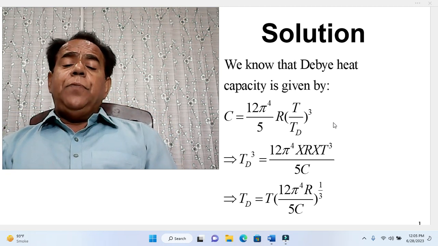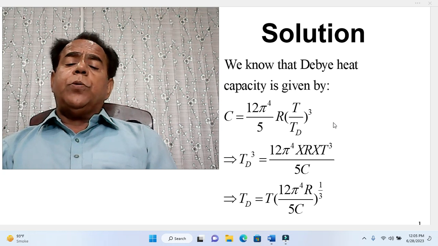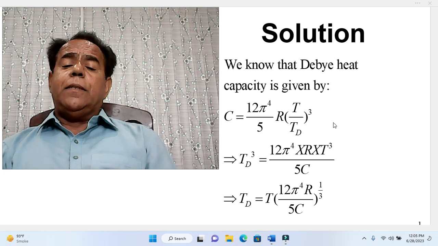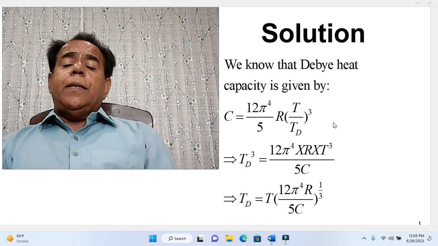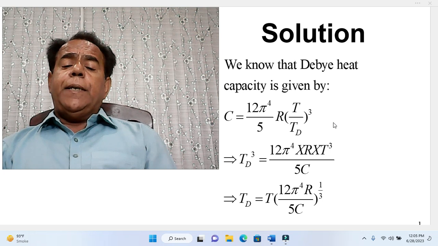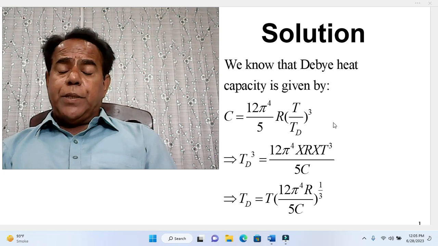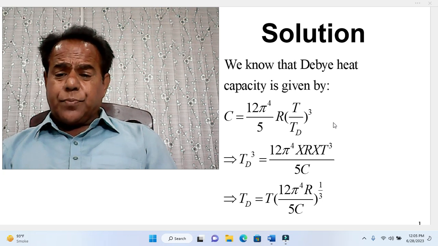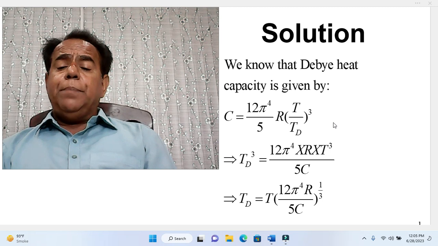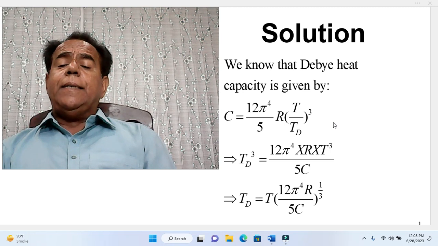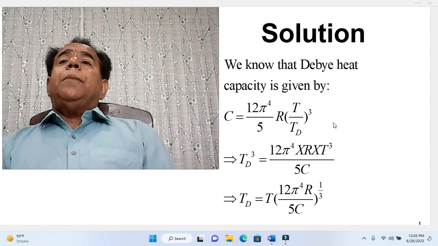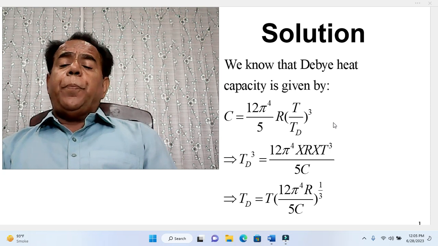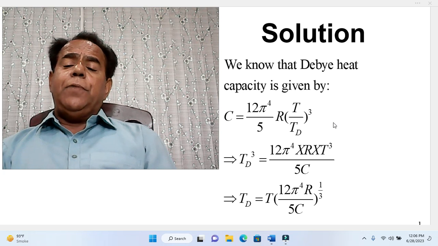Then we will take the cube root of both sides, and hence we will reach the value of Debye temperature T_D. So T_D becomes equal to simply T, because capital T is already in power 3, so its cube root cancels, the 1 by 3 cancelled with 3.